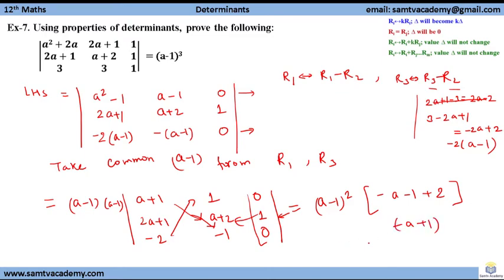Taking minus common, the minus signs make it positive, so a minus 1 is inside, and with the a minus 1 whole square outside, it is a minus 1 whole cube. This is equal to the right hand side. So we have proved this.